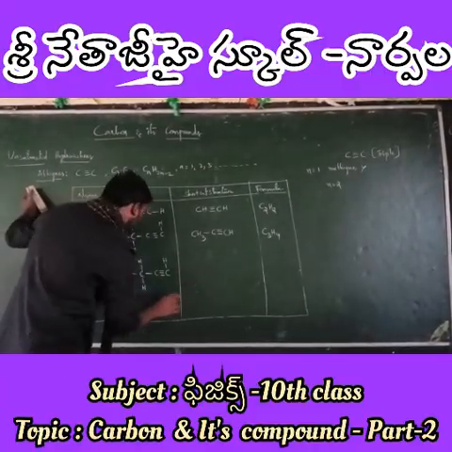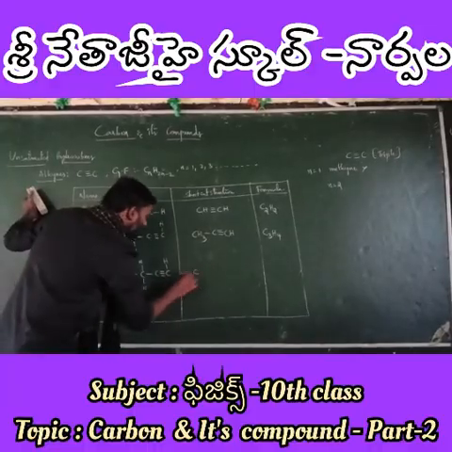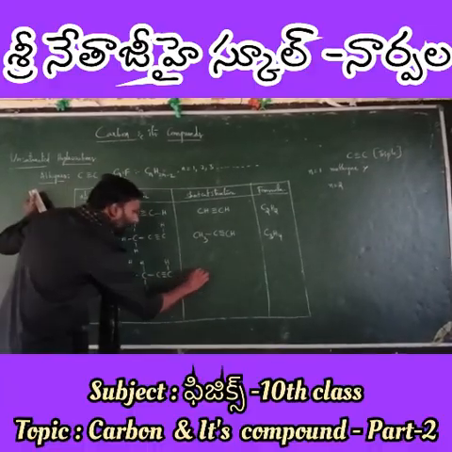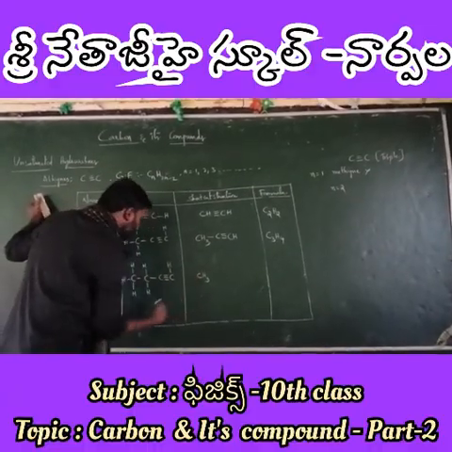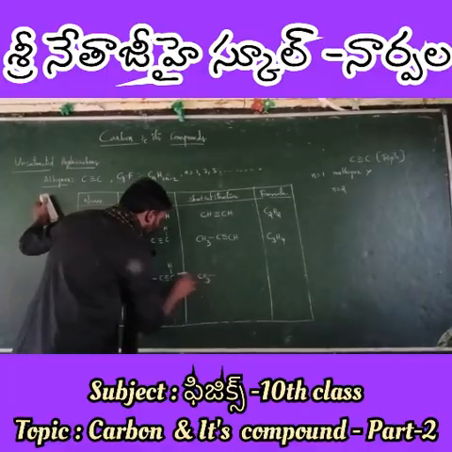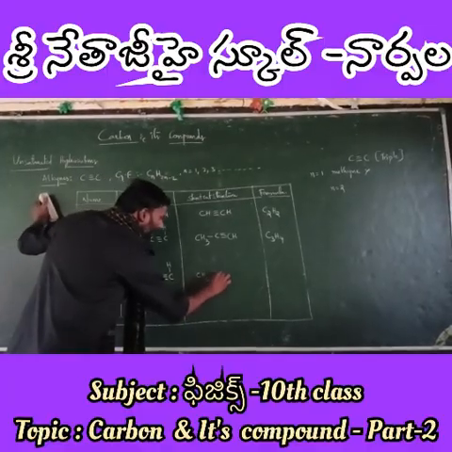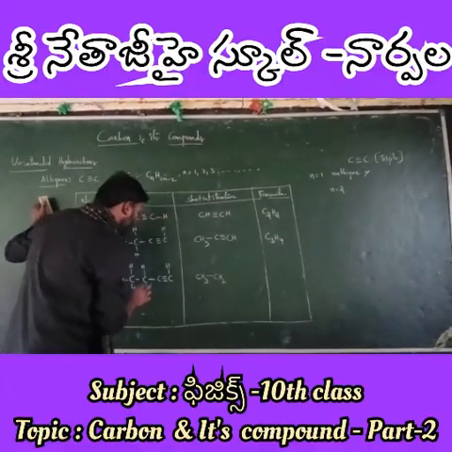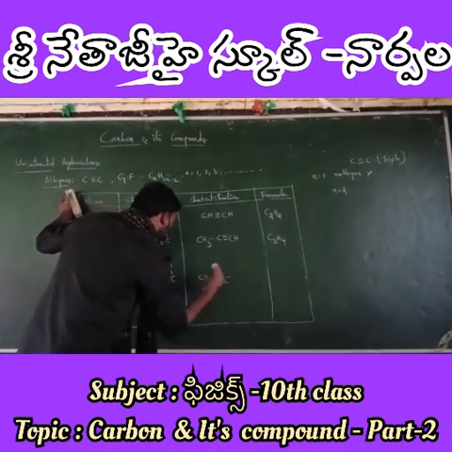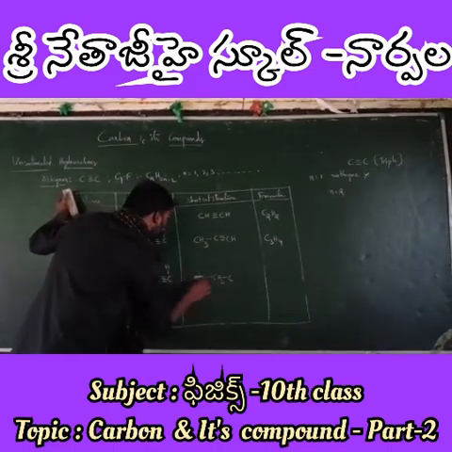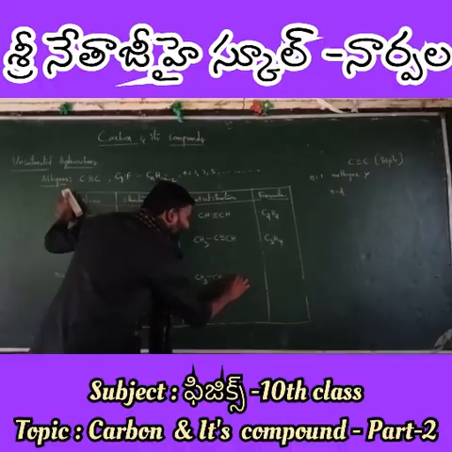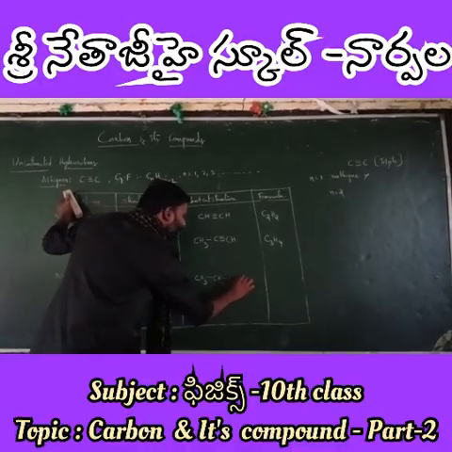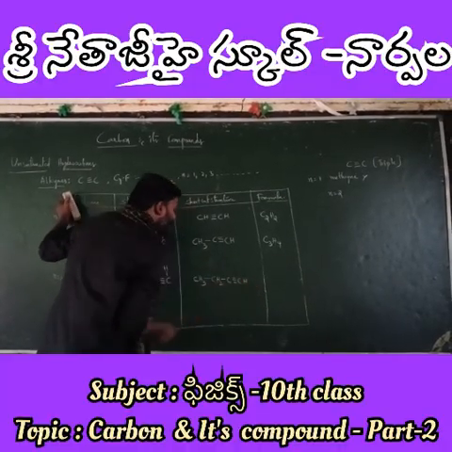Coming to the shortcut structure, first carbon has 3 hydrogens, CH3, single bond, carbon with 2 hydrogens, again single bond, carbon with no hydrogens, triple bond, 1 carbon and hydrogen.